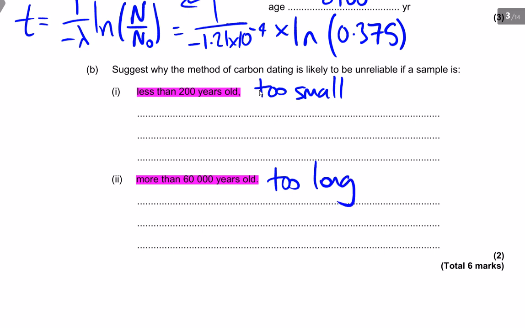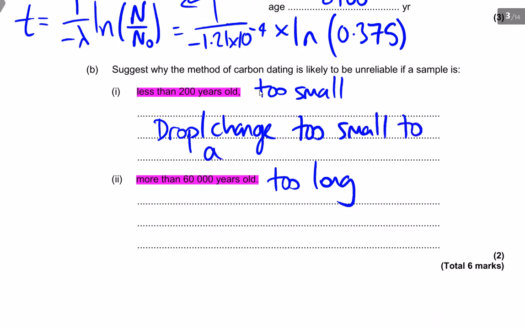In this case, it's too small a drop or change, too small to accurately measure.